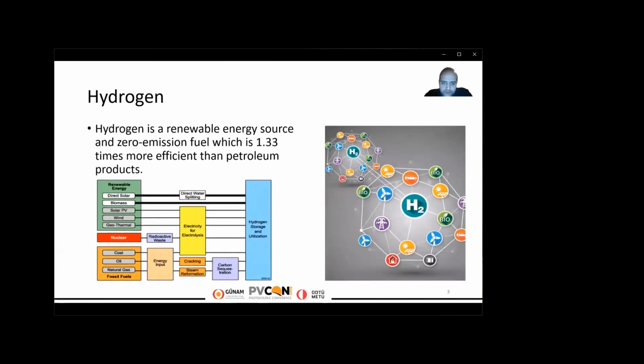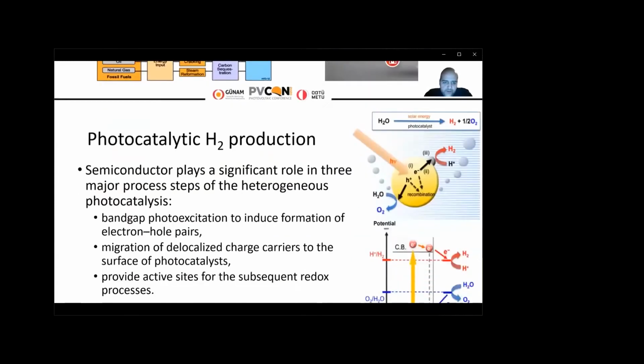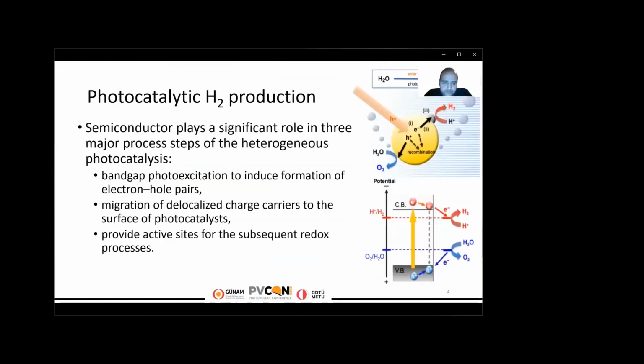Hydrogen is a renewable energy source and a zero-emission fuel, which is more efficient than petroleum products. Although there are many hydrogen production methods, direct water splitting has attracted great attention in recent years. So, what is photocatalytic hydrogen production?